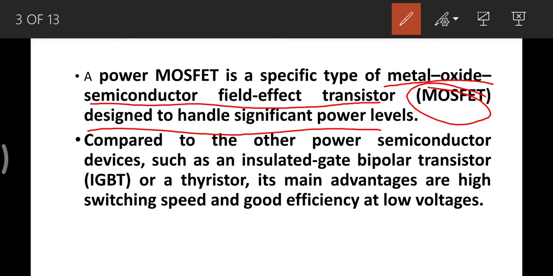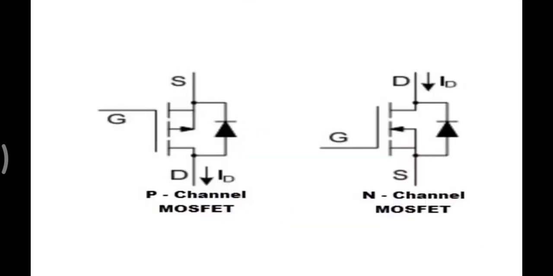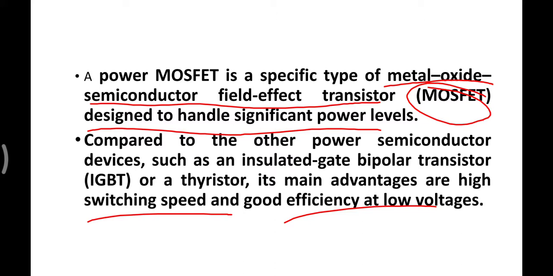At the same time it is operated at high voltage levels also. Compared to other power semiconductor devices like IGBTs, its main advantage is switching speed, and it has good efficiency at low voltage. So this is the introduction for the MOSFET.